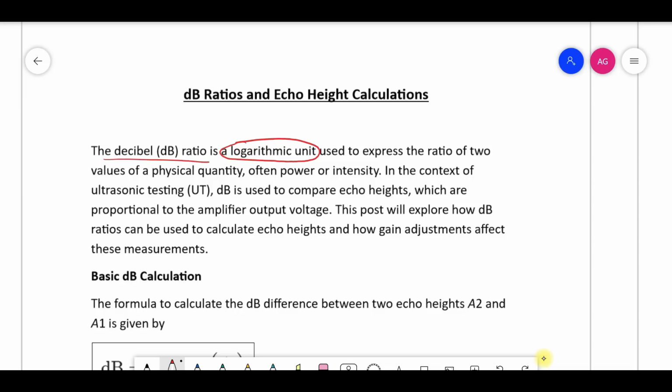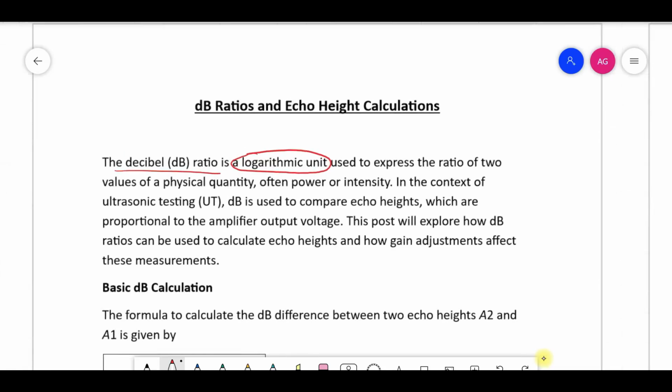Generally, if there's a UT level 2 or level 3 exam, you're given a calculator, or if it's an online exam, an online calculator. So, you should know how to use a logarithmic chart or logarithmic unit. We'll discuss what log is later, and how log and antilog work.